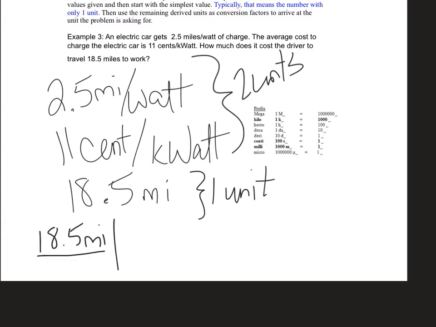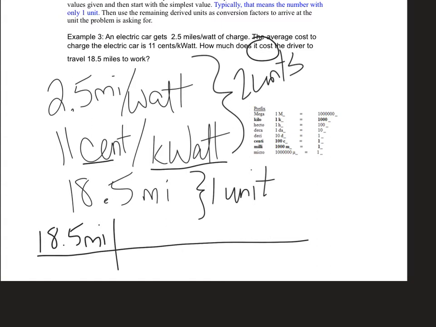And then we're going to do the dimensional analysis problem exactly like we normally do. Step 1, know where you start. I start with miles. Step 2, know where I want to end. I want to know costs, all right? I want to end in cents, okay? Well, if I'm going to try to get to cents, I have to get to kilowatts first, right?